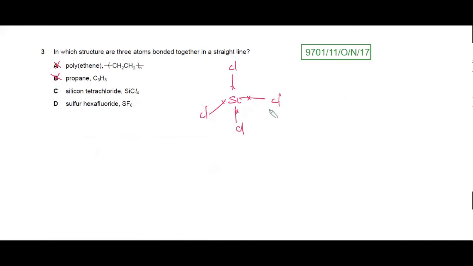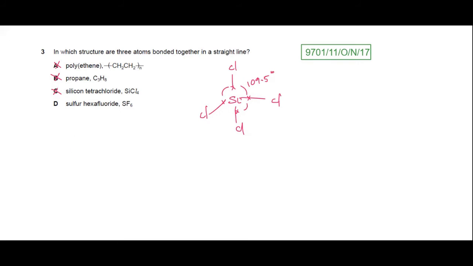This molecule also doesn't have 3 atoms connected in a straight line, because having a tetrahedral geometry, all of its bond angles are 109.5 degrees. Hence, this is also not the option. And sulfur hexafluoride is the answer.